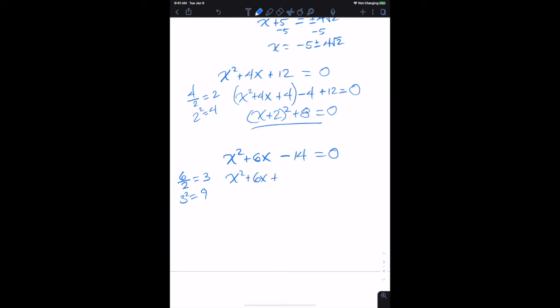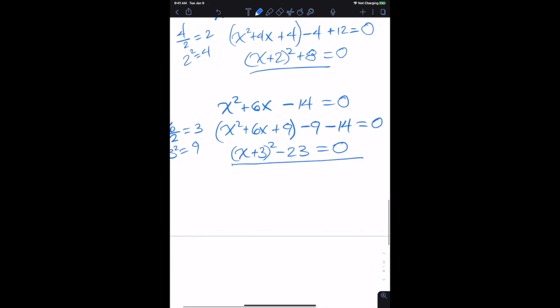I'm going to add the 9, but I'm going to subtract the 9 because I'm adding 0 now, and add that to negative 14. And watch what we get. This now is a trinomial that is a completed square, so it can be rewritten as x plus 3 squared minus 23 is equal to 0, because I added negative 9 plus a negative 14 in getting negative 23. We'll stop right there. That's our completed square.